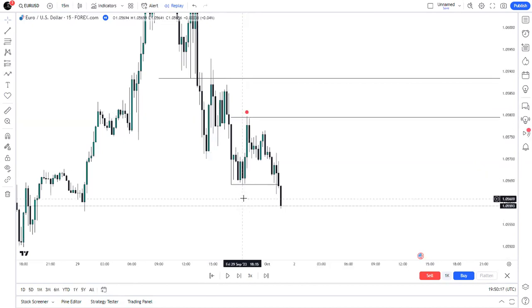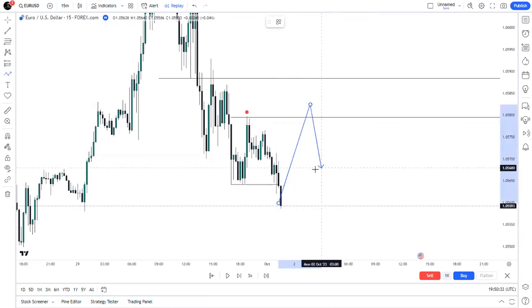So what does it mean? We have what is called confluence. If we have liquidity above this high, then it makes sense to expect price to sell from this fair value gap over here, because price is also grabbing buy side liquidity, and price is also in the H4 fair value gap.